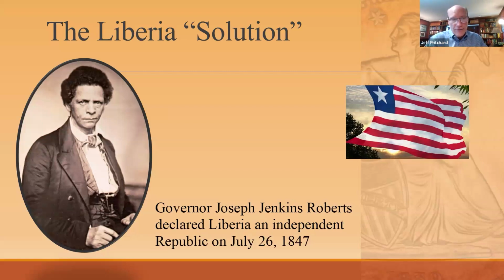And shortly thereafter, Governor Roberts declared Liberia an independent republic. And this was on July 26, 1847. In fact, you can see the similarities between the Liberian flag and the US flag. And incidentally, Roberts was elected the first president of Liberia.